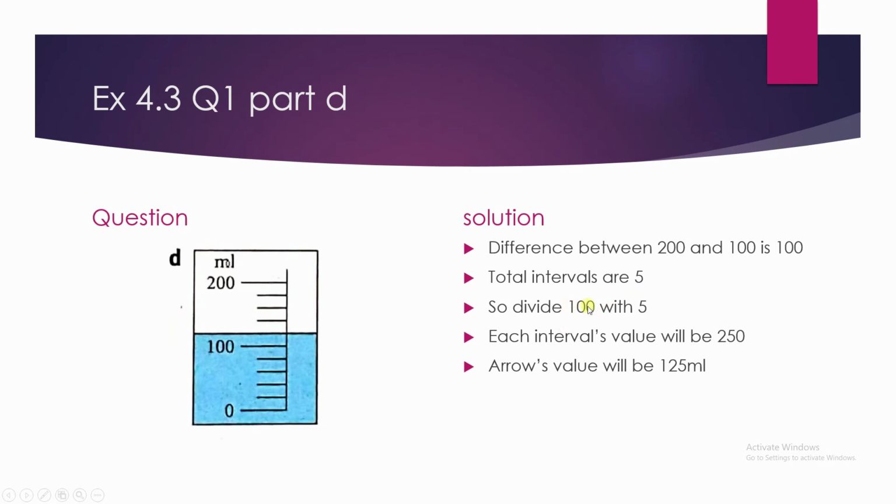What was the difference value? 100. And you have to divide 100 by 5. And each interval's value will be 25 here.